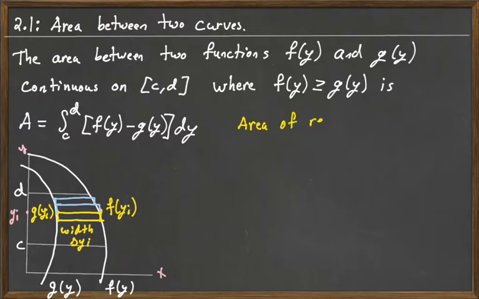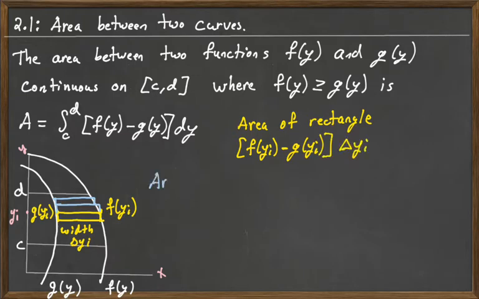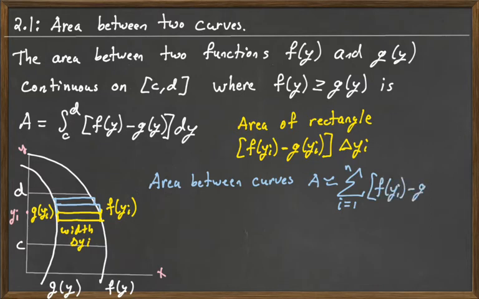Now, the area of the yellow rectangle there is going to be, you can think of it as the length, so f of y i minus g of y i times delta y i. The area between the curves can be approximated by adding up the area of all these rectangles. So that'd be the sum i equals 1 to n of f of y i minus g of y i delta y i.